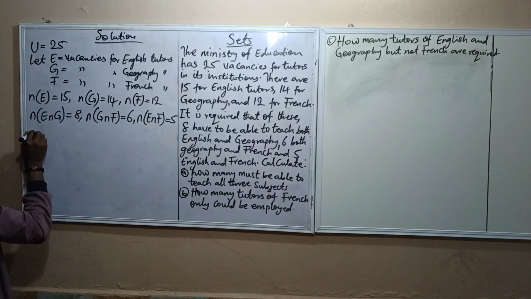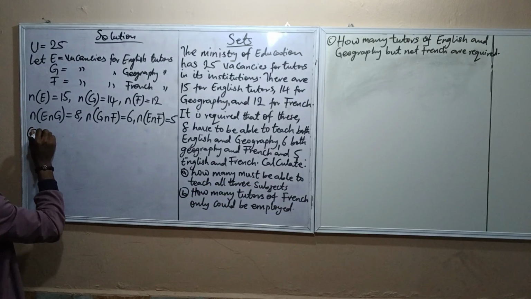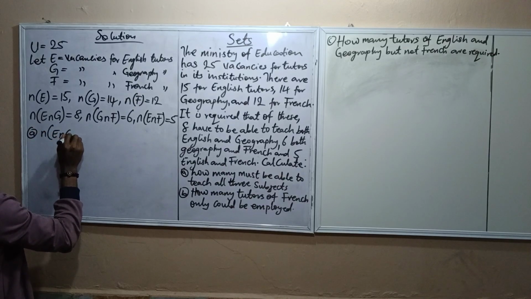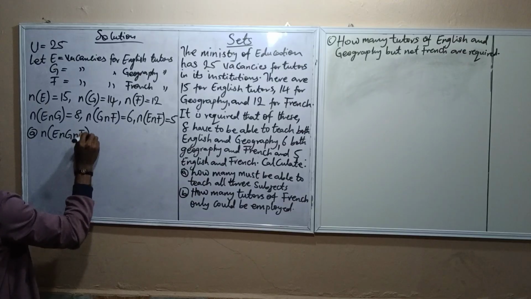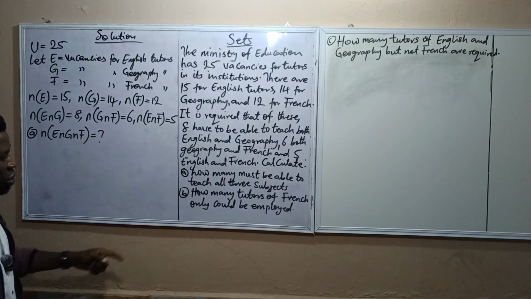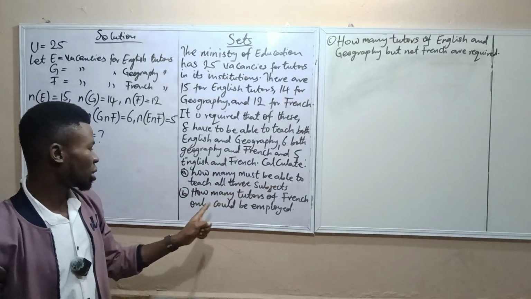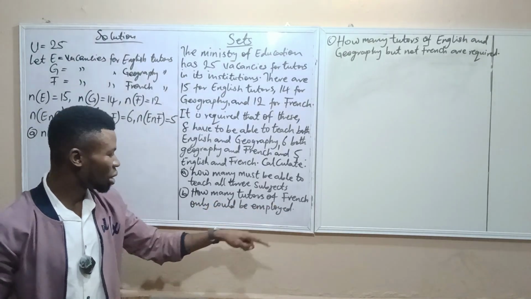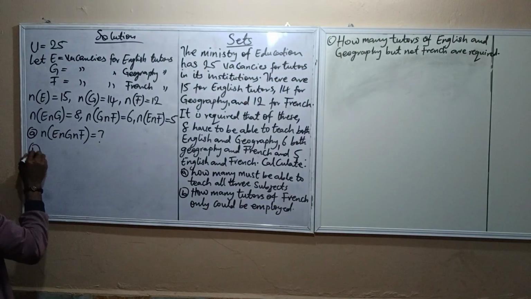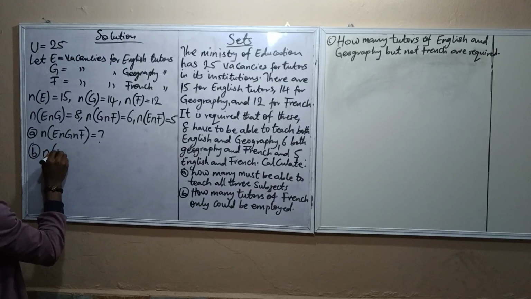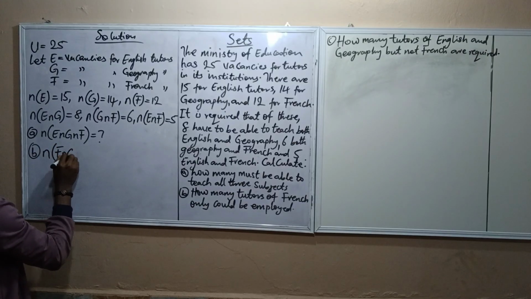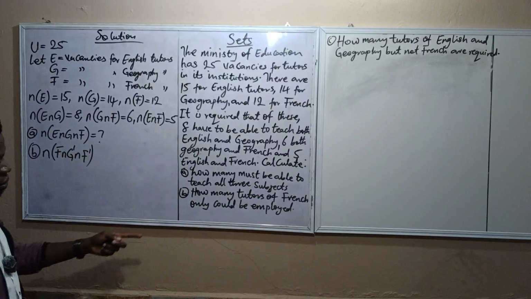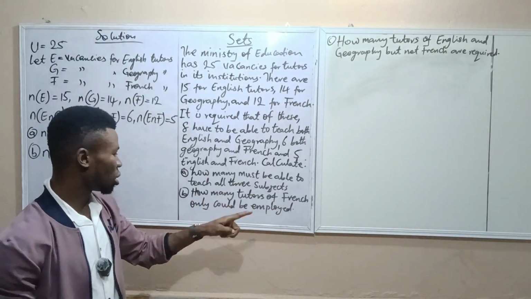Now calculate how many must be able to teach all the 3 subjects. We are asked to calculate A, number of E intersection G intersection F. This is the first one. B says how many tutors of French only could be employed. Now B says we should calculate number of F intersection G prime intersection E prime, that is number of tutors of French only.